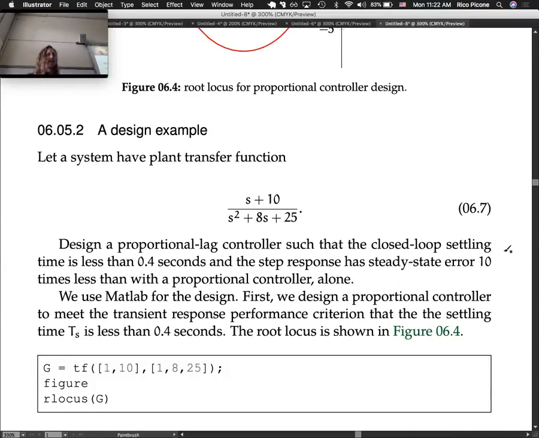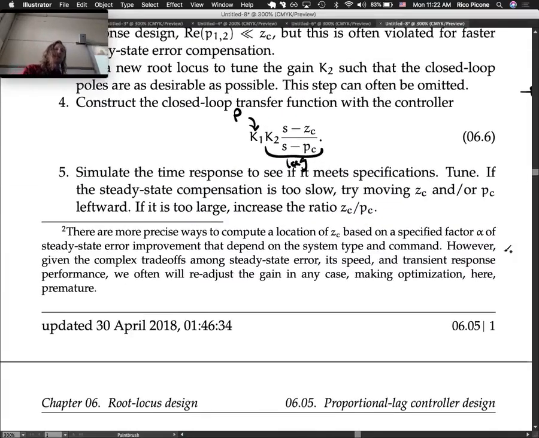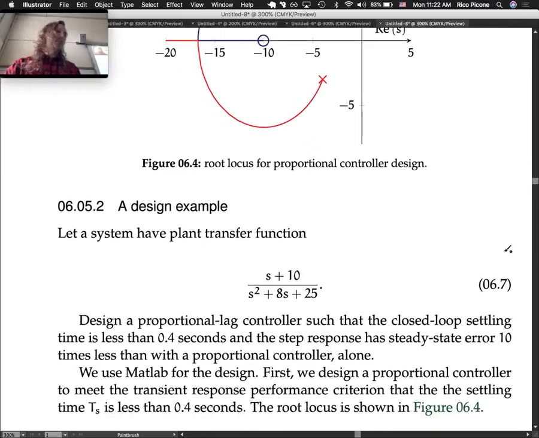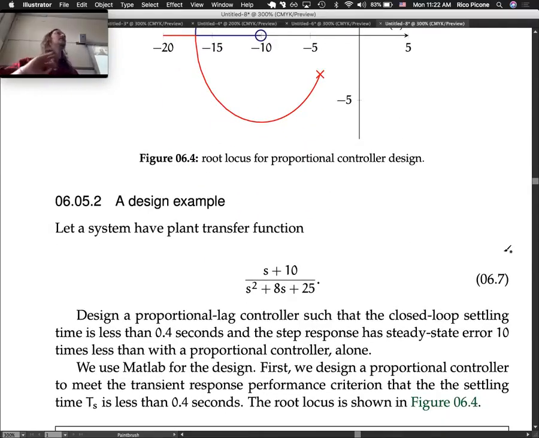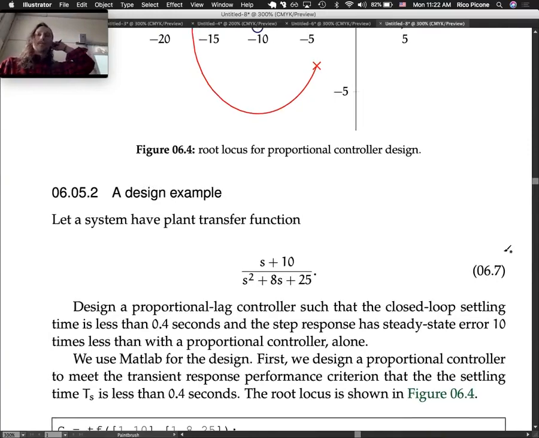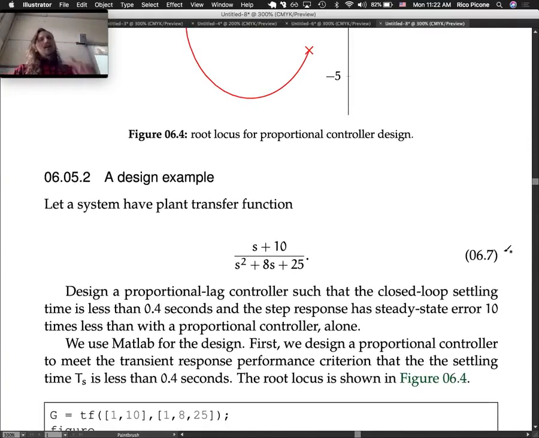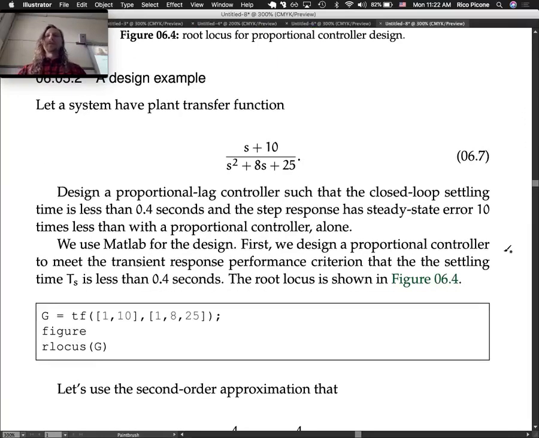A design example. Hopefully this design procedure makes sense, but with these things you just need examples to show you how to do it. Let a system have a plant transfer function with a zero at -10 and a complex conjugate pair of poles.